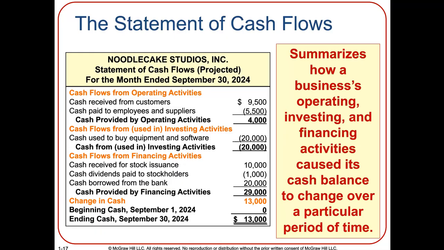Okay? Now, the important thing to understand about the difference between an income statement and a cash flow statement is that in the cash flow statement, we're talking about how much did we collect from the customers. In the income statement, we're showing how much did we earn from customers.